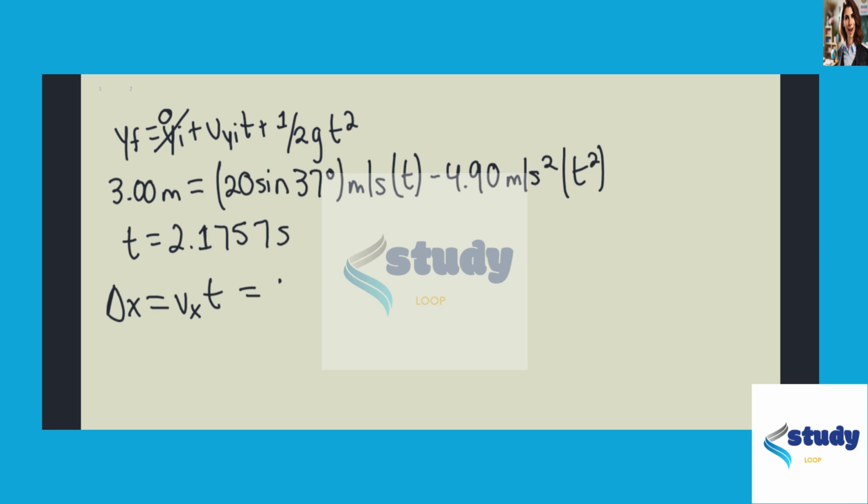Delta x would then be equal to, again, vx t. This would be equal to 20 cosine of 37 degrees multiplied by 2.1757 seconds. And sorry, I forgot to mention the second answer would be 2.2814 seconds.